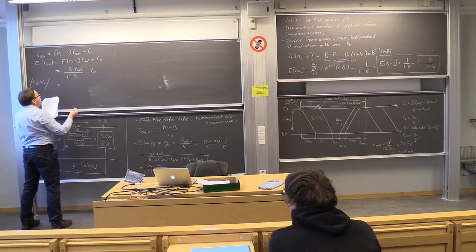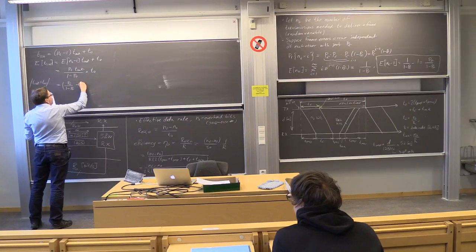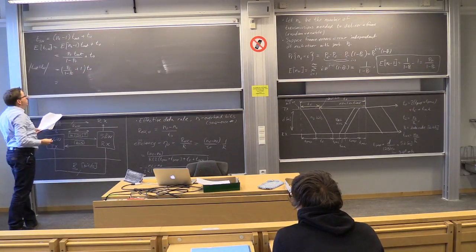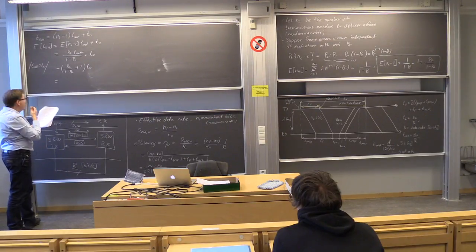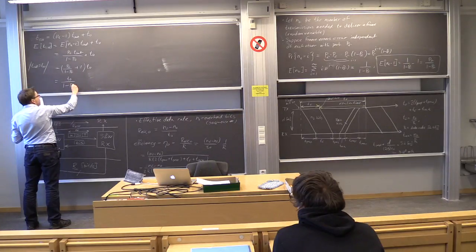Then we simply get pf divided by 1 minus pf plus 1, times t0. And this is t0 divided by 1 minus pf.